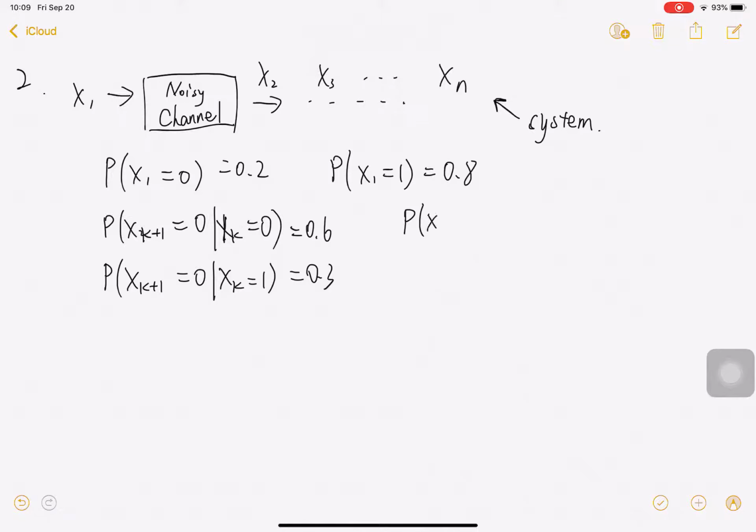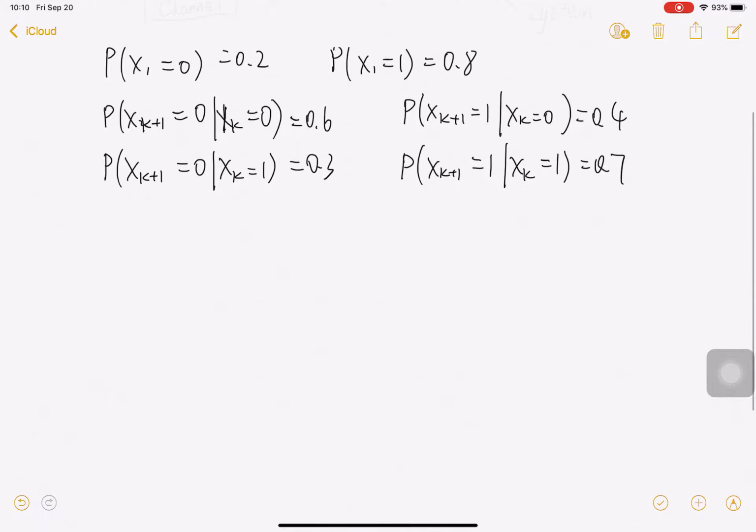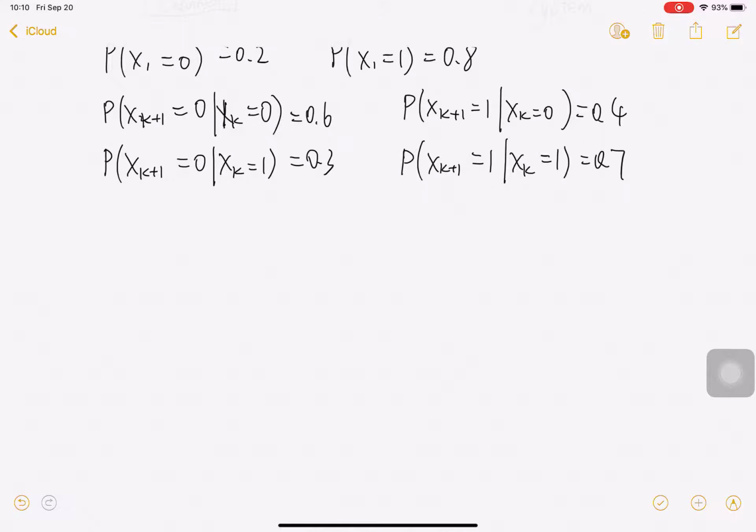The probability of xk plus 1 equals 1 given xk equals 0 is 0.4, and given xk equals 1 is 0.7. Okay, that's all the conditions we have right now. So let's go to the questions.